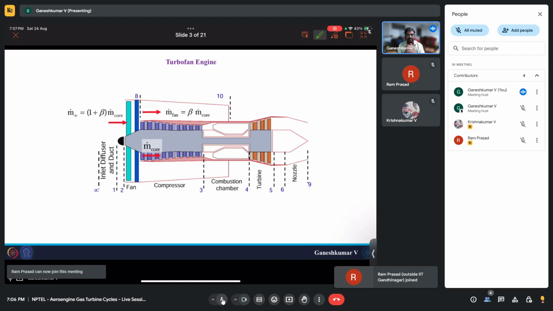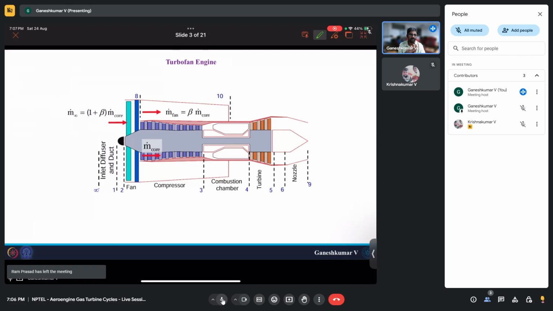The other is the fan flow, or you can say bypass flow, where the flow gets diverted from the core flow and just goes through the fan, and it gets expanded in the nozzle, and that also gives you a thrust. So basically thrust will be produced in two different sections. One is the core flow and one is the bypass flow.